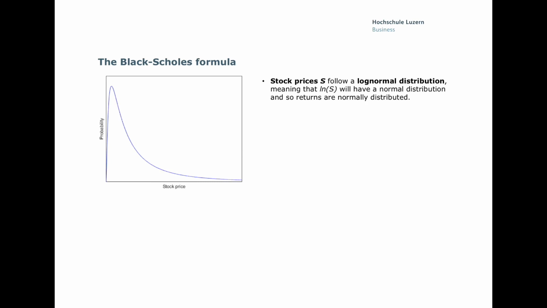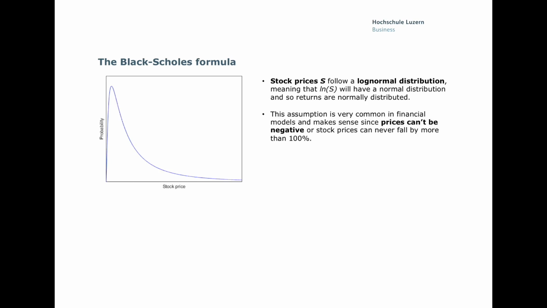This means that the natural logarithm of S is normally distributed. You might recall that returns are defined as the difference of the logarithm of the stock price in 2 consecutive periods and therefore are as well normally distributed. This assumption is very common in financial models and makes a lot of sense, since prices can't be negative, or put it differently, stock prices can never fall by more than 100%.